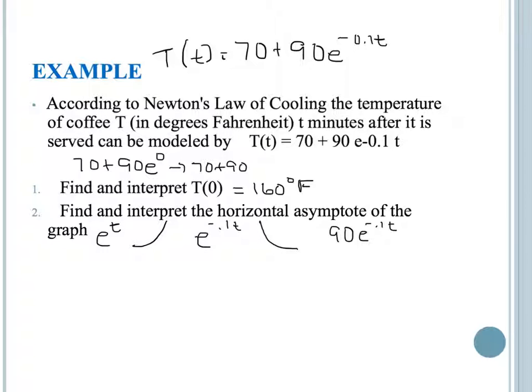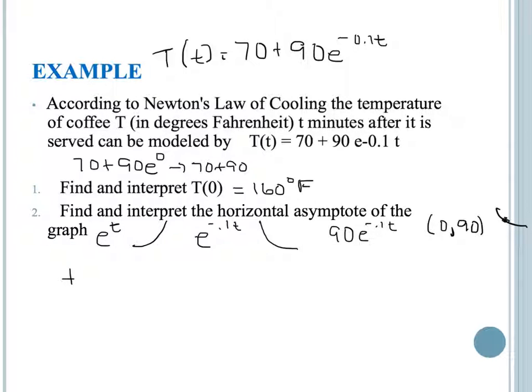It multiplies all my y's by 90, so the ordered pair where it crosses the y-axis is now at (0, 90) instead of (0, 1). And it's still going down like this, but I know where it crosses.